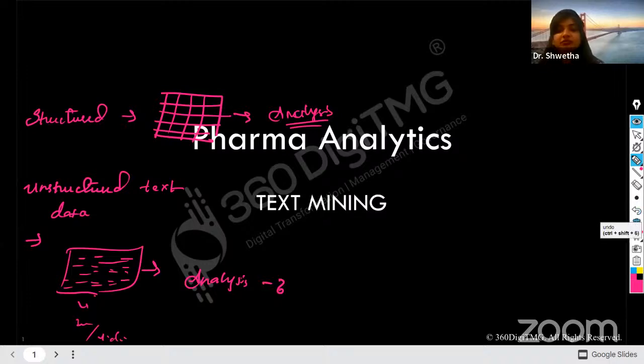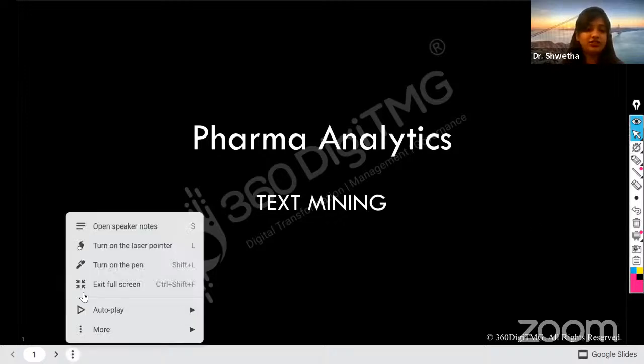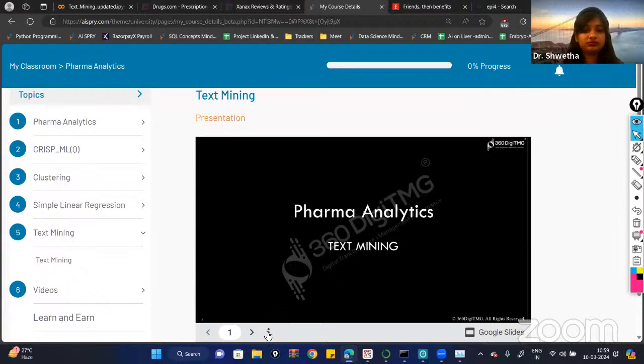So we apply text mining techniques to analyze this data. A lot of the data which we see in day-to-day life is unstructured, so it becomes very important to analyze it.